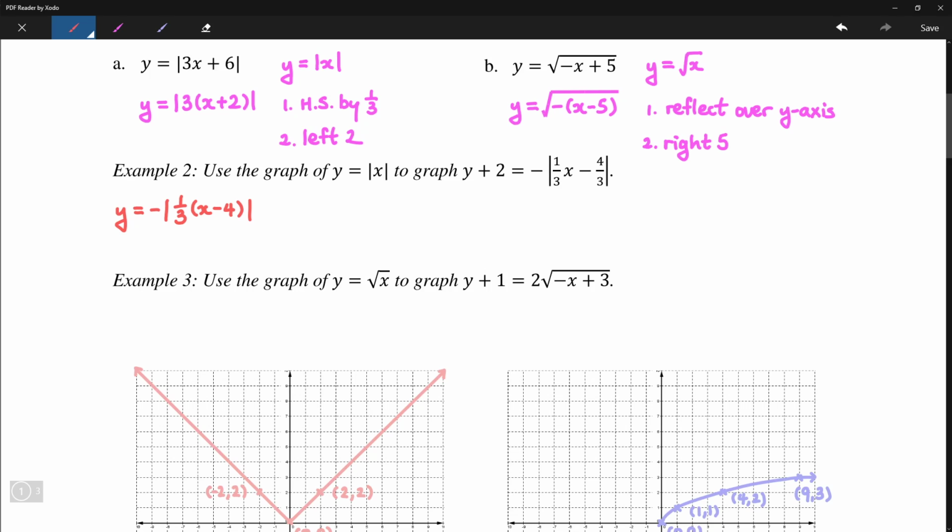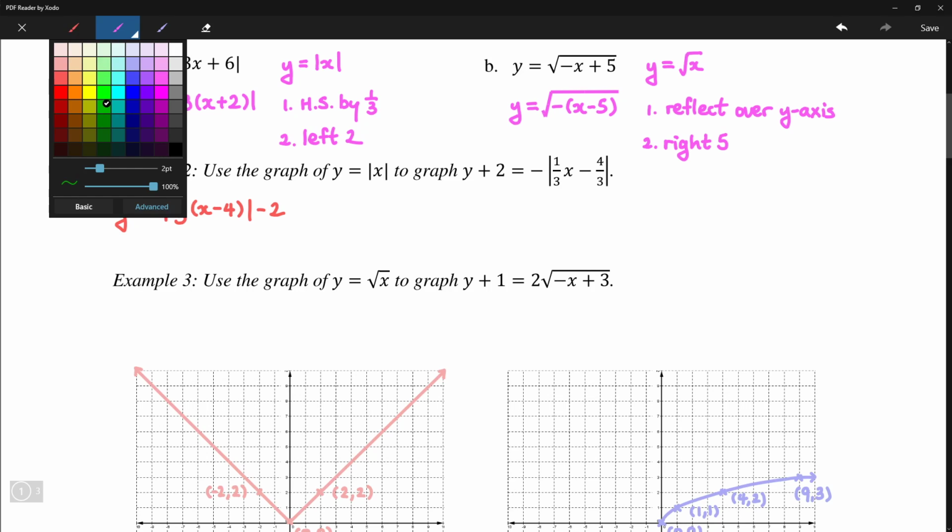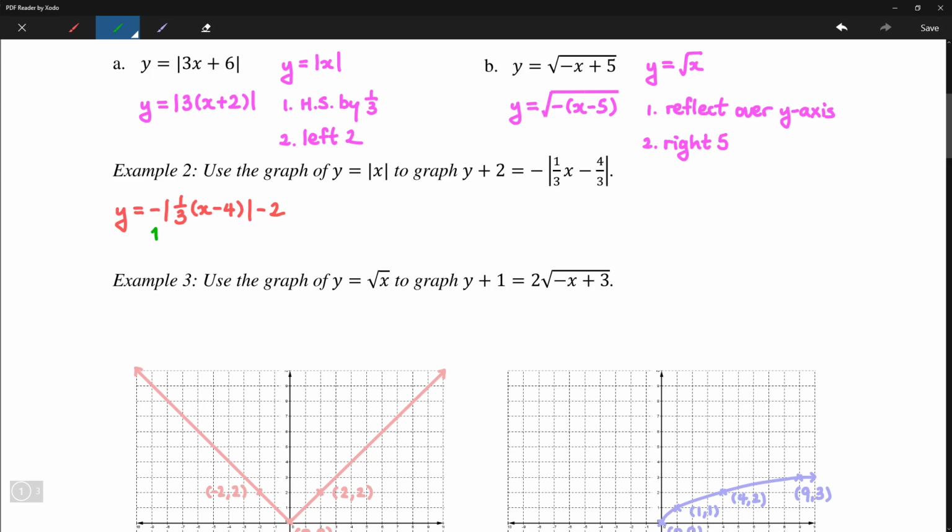And then minus 2 from both sides. So now there are 4 transformations that happen. It's kind of moving from left to right. Here's 1, 2, 3, and 4.